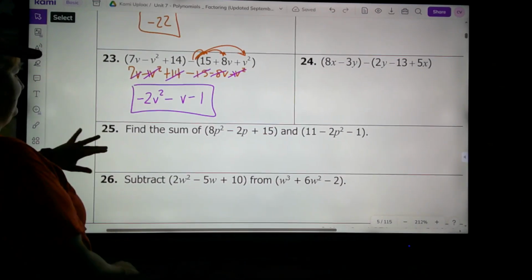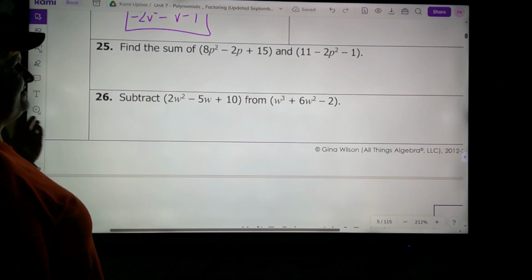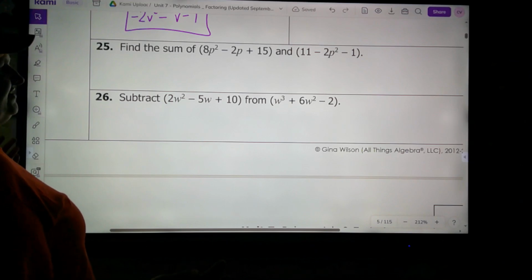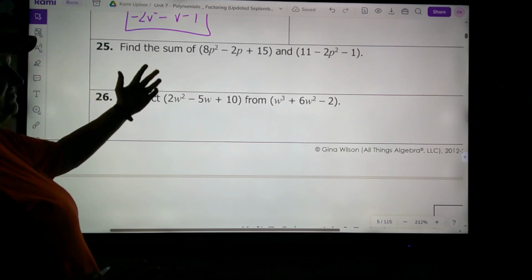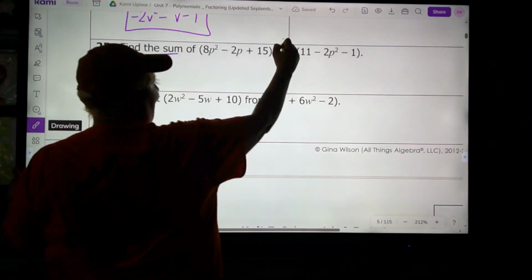All right. Find the sum. Sum means add. Right? It's the same exact thing we were just doing. The difference is they're using the word instead of a plus sign. That's all right. We know sum means plus. Right?